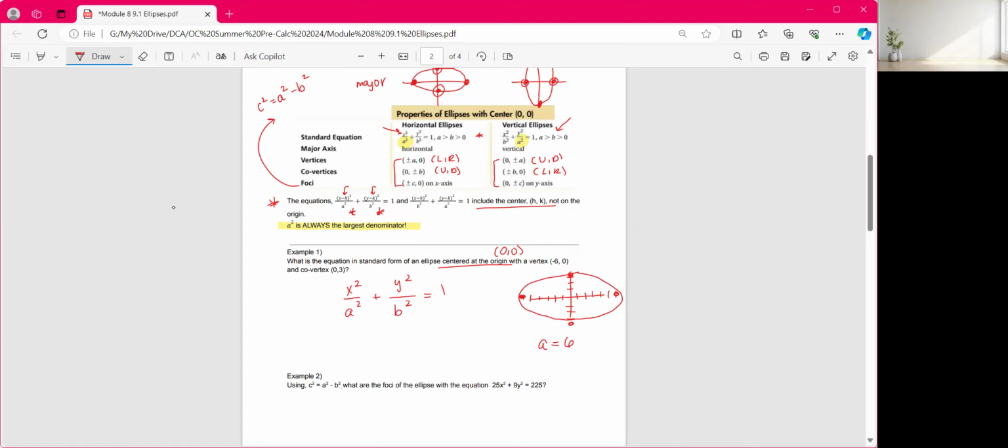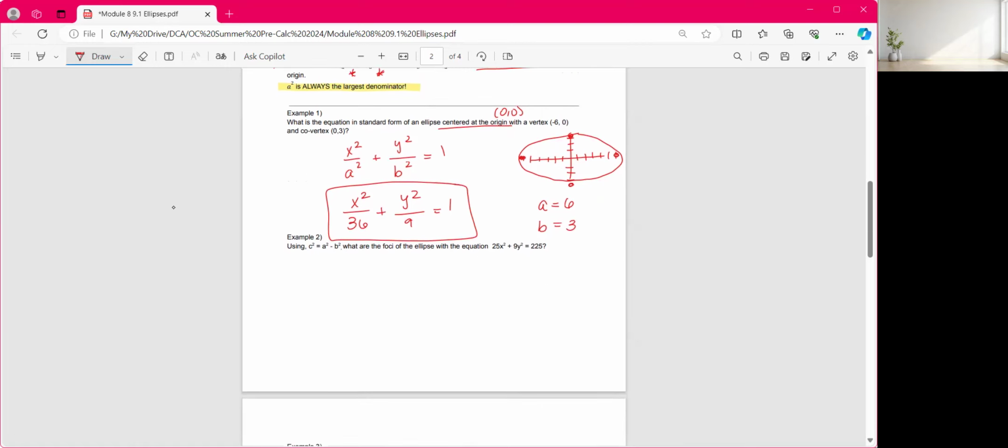And my covertex is the b, and that's at 3. It's always plus or minus 6, so you can have it plus or minus these numbers, as you can see up here in our chart. And so then I know that a squared is going to be 36, and b squared is going to be 9.